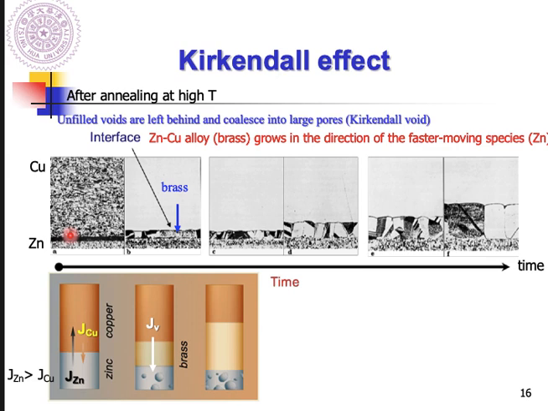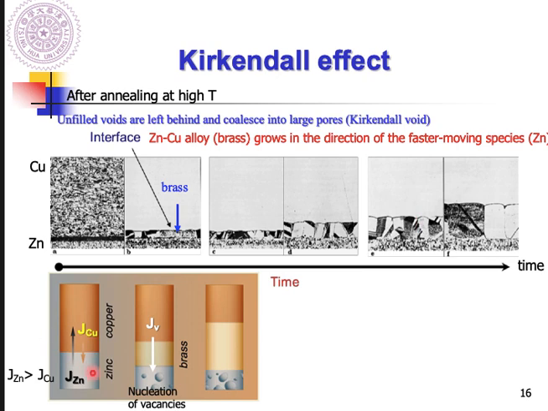When we anneal this diffusion couple at high temperature for several hours to allow diffusion to happen, as a function of time you can observe the marker disappear because the markers move downward, so you cannot see the marker anymore. The second thing is you can observe the thickness of the brass get thicker and thicker as a function of time. So this is the real data.